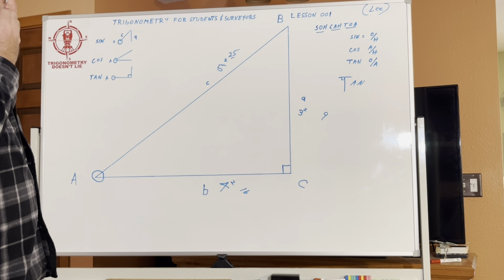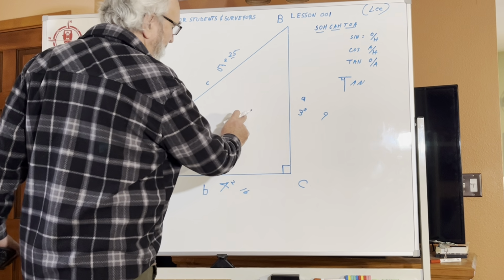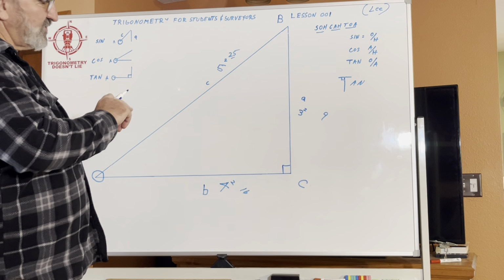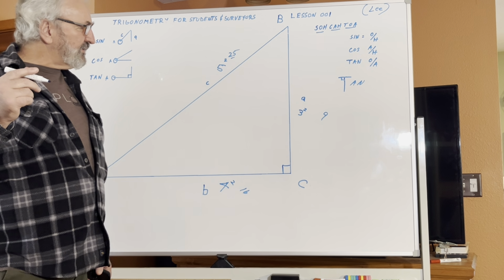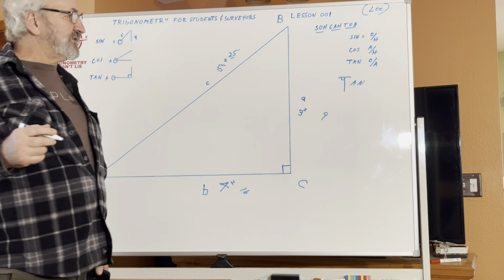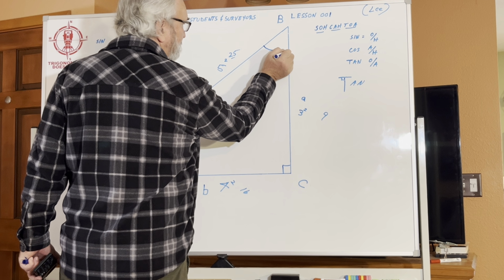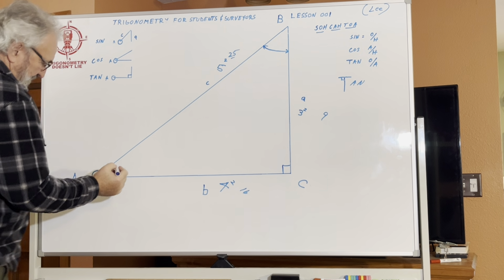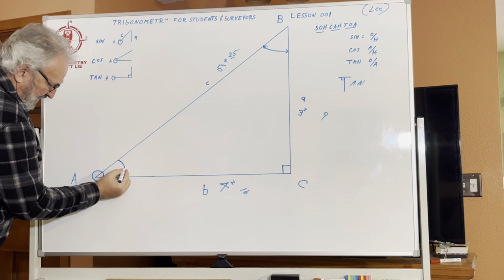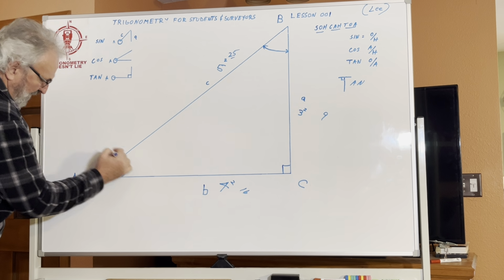Now, let's work some of this out. So, all triangles, non-right triangles too, add up to 180 degrees, the interior angles. It doesn't matter what shape they're in.